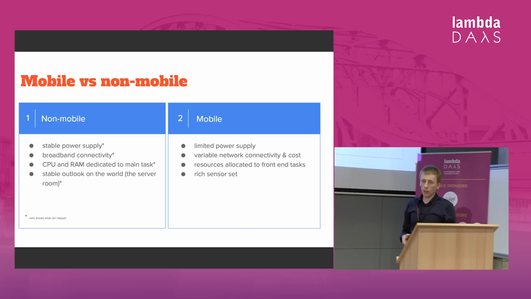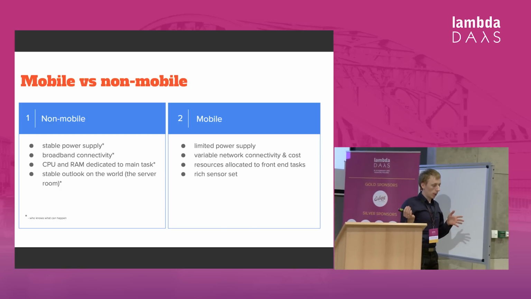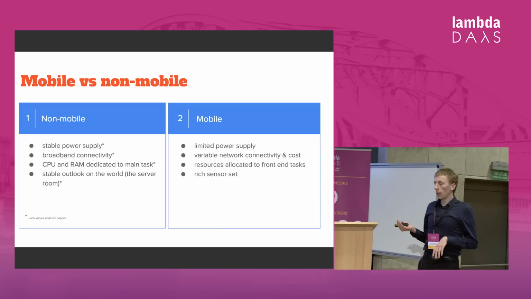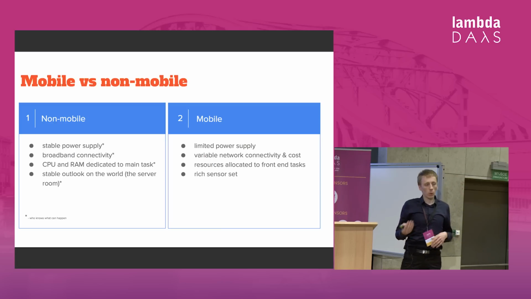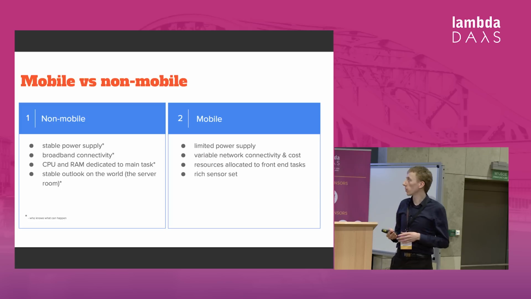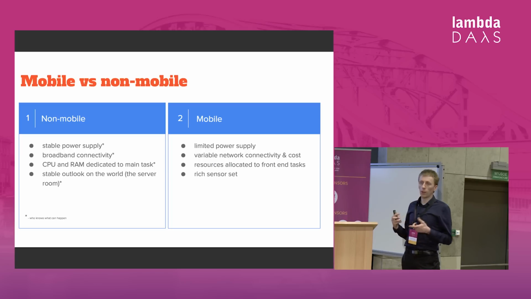So actually I want you to compare a mobile subscriber to a non-mobile subscriber. Frankly speaking, one could say that we should treat our software components uniformly, but there are some apparent differences between those two systems. For the non-mobile, you can say that we have a more or less stable power supply.